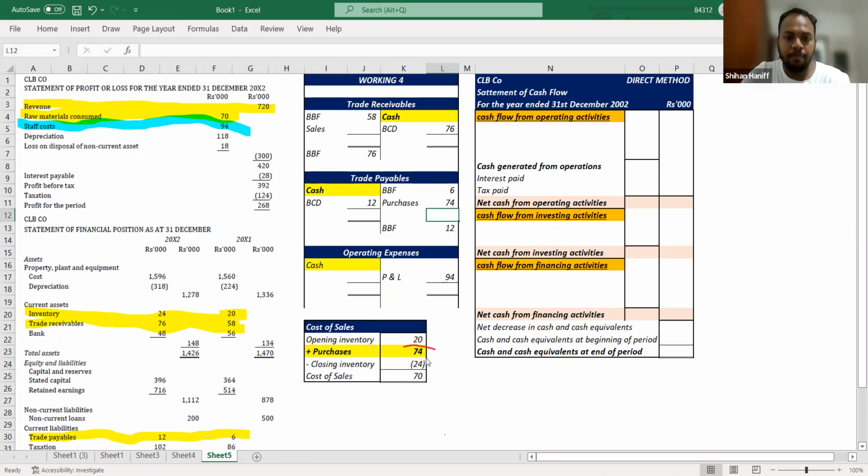From this only we find the purchases. Sales is 70. 702. This is 94.